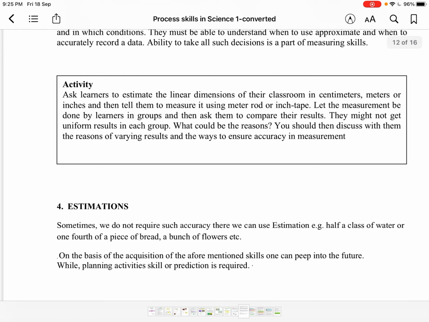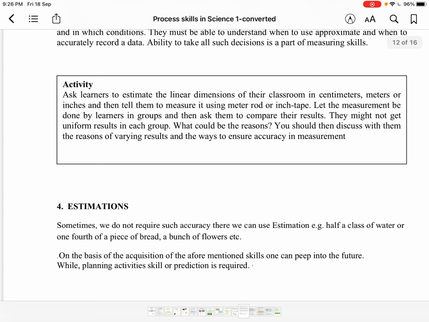So what could be the reason? You can initiate the discussion with the students to find out the reasons for varying results and the ways to ensure accuracy in measurement. So this type of activities you can organize in the class to develop the measurement skill.